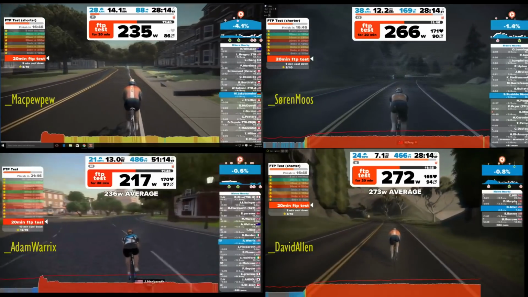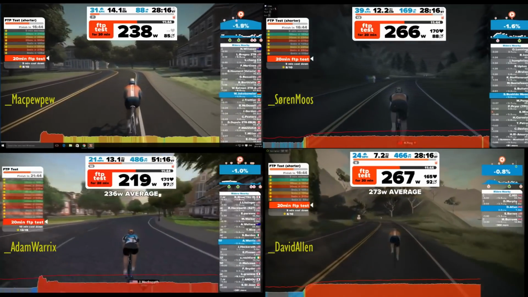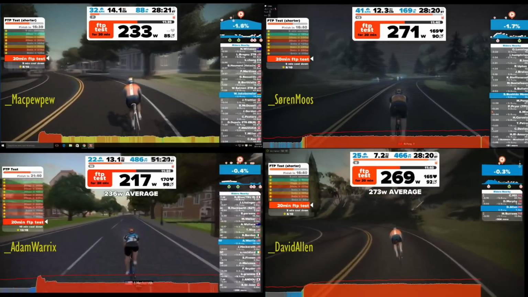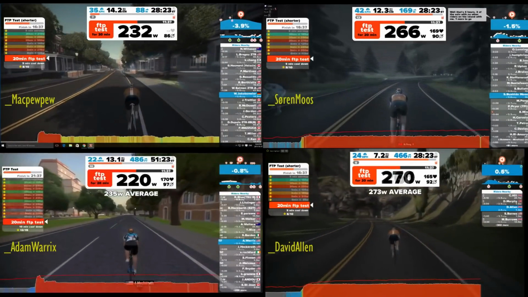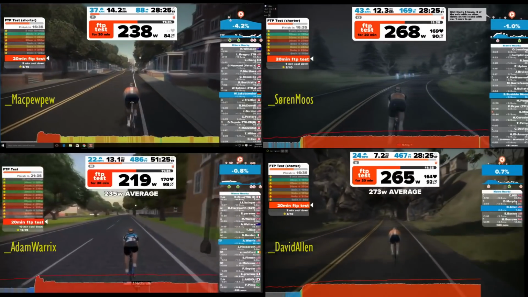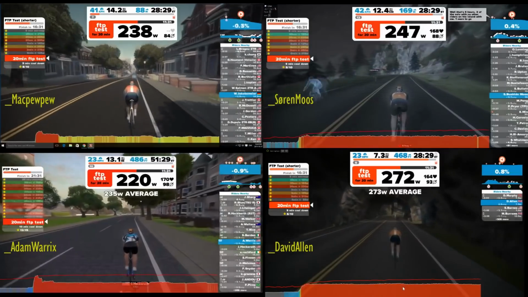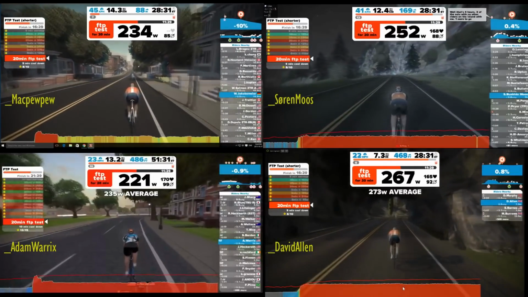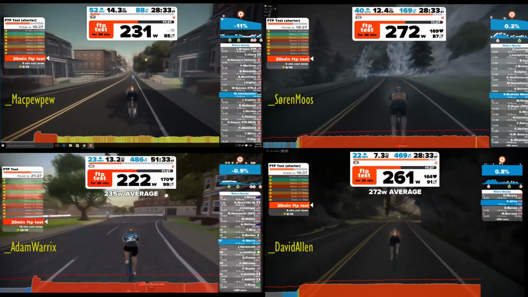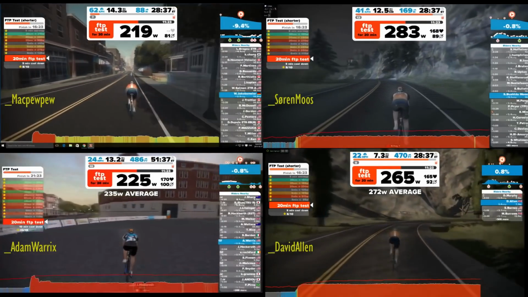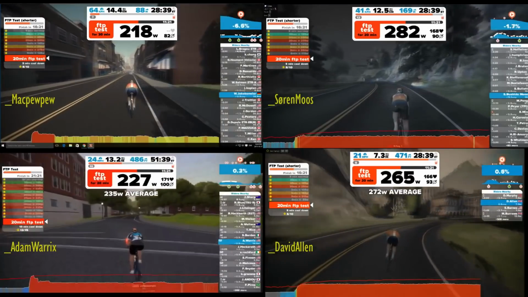In fact, just very quickly, we can see that McPew, Adam, PB Peng, and Moe's Tavern, and also Soren are on power meters. That compares to David Allen on Z-Power, Caleb Carl on Z-Power, and Peheko on Z-Power. I can also see that McPew, Adam, Caleb Carl are riding on Richmond, and the rest are riding on Watopia.